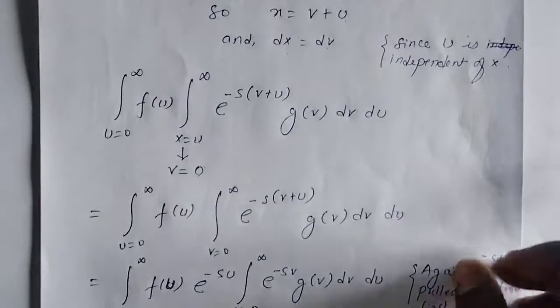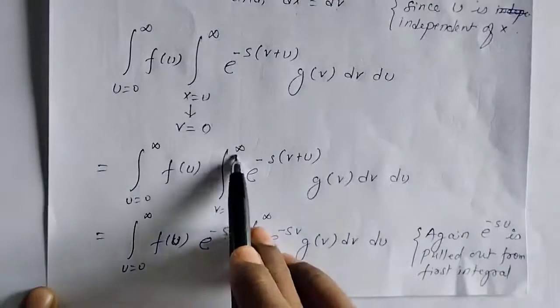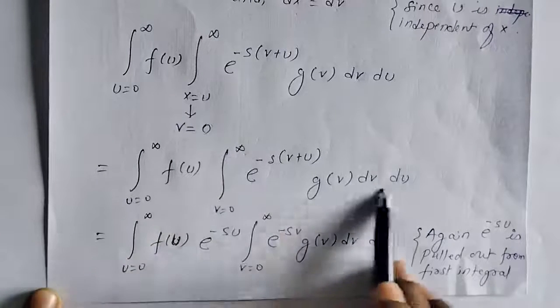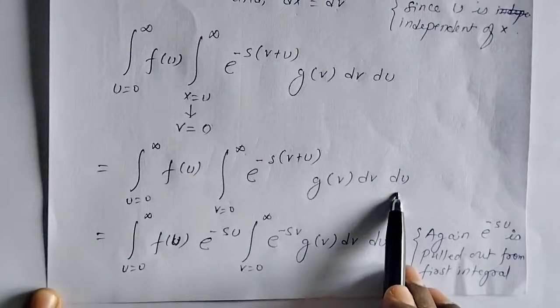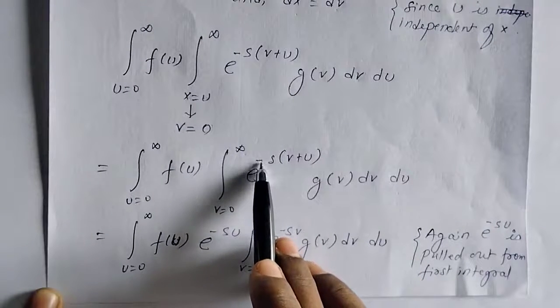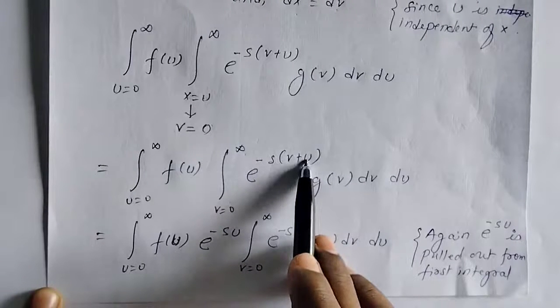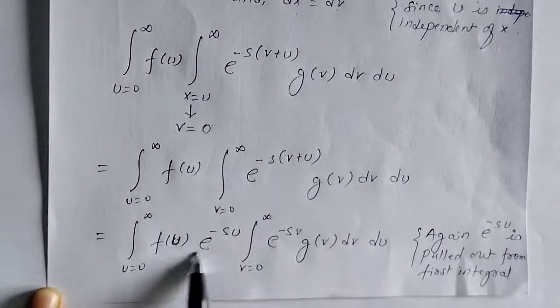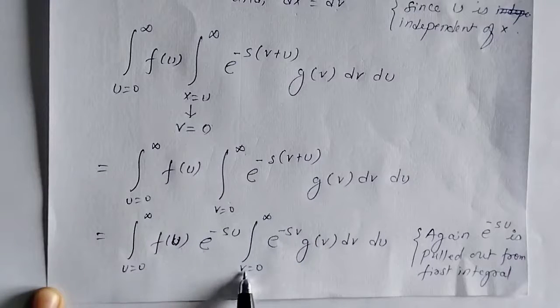So v goes from 0 to infinity, correct? So we have simplified our integration. Now again you can factor out e to the power minus s u, because it is a constant for the v integration. So we have factored that out also. So what remains inside is this one.